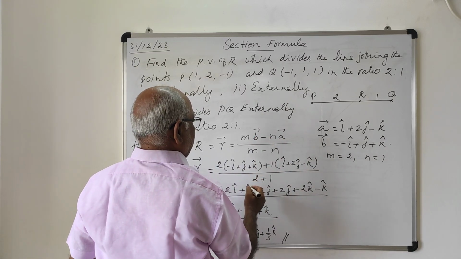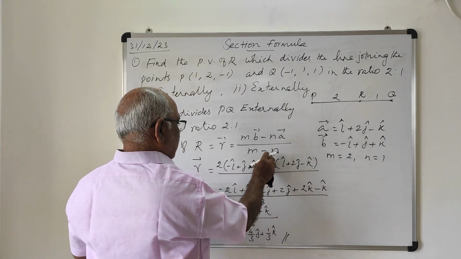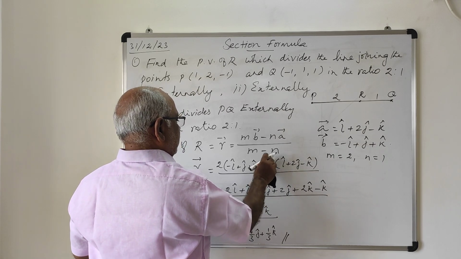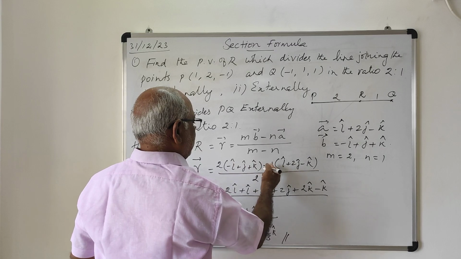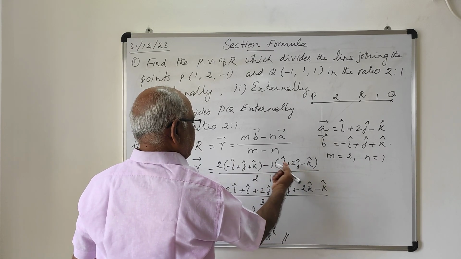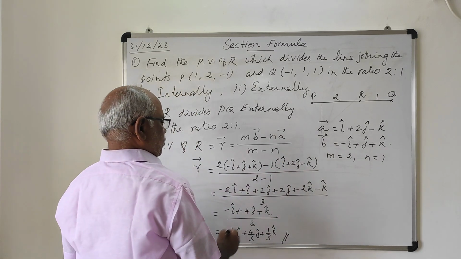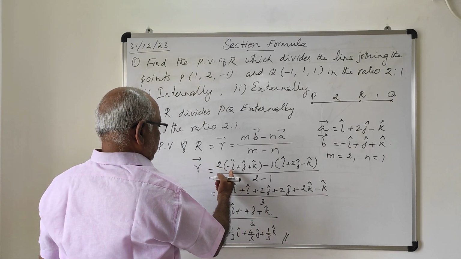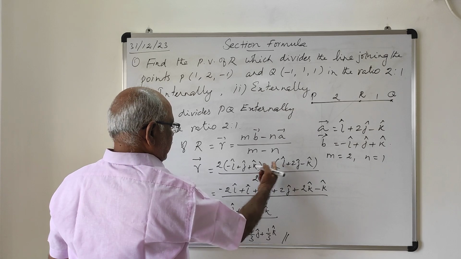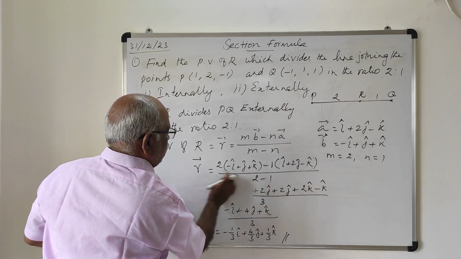So you get m into B vector minus n into A vector, by m minus n, which is 2 minus 1.